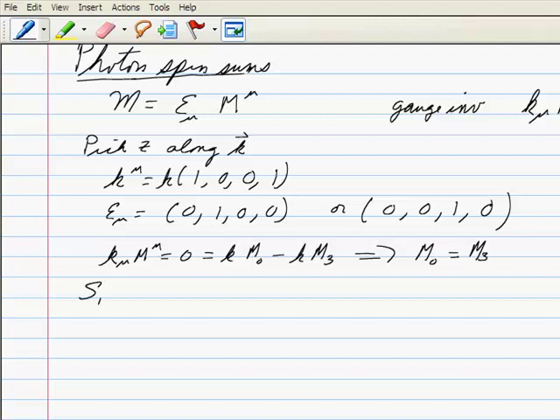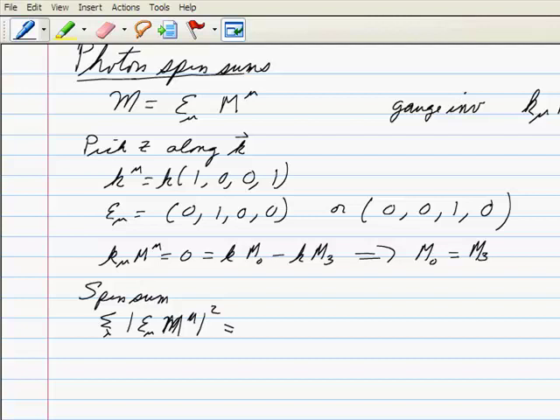So now the spin sum. Okay. If I sum over the two polarizations of epsilon mu M mu squared, well, you can see this is M1 squared, and this one gives M2 squared. It's 0, 1, 2, 3.